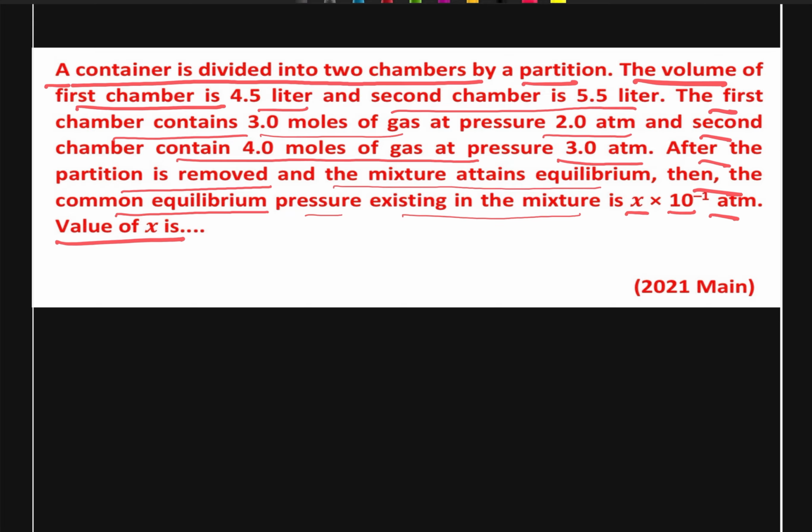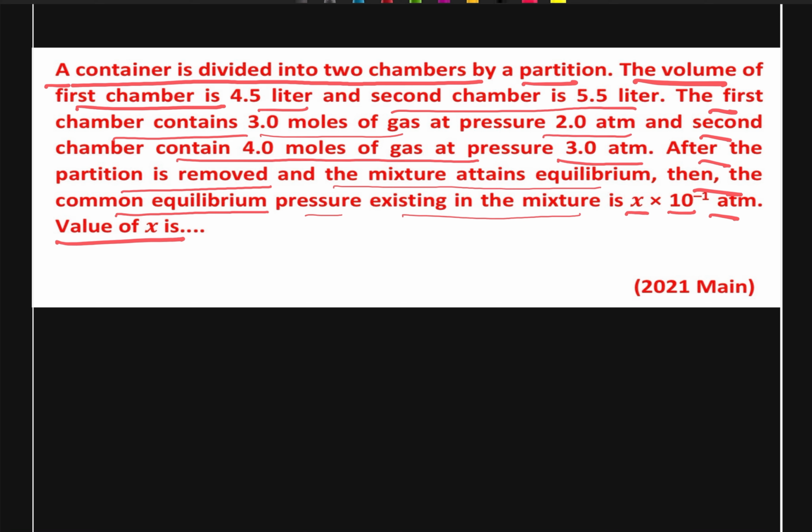Okay. The solution of this will be based on our ideal gas equation. We are going to use it respectively for our first chamber, second chamber, and then for the equilibrium.